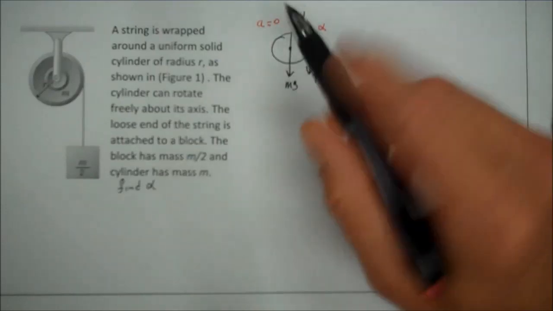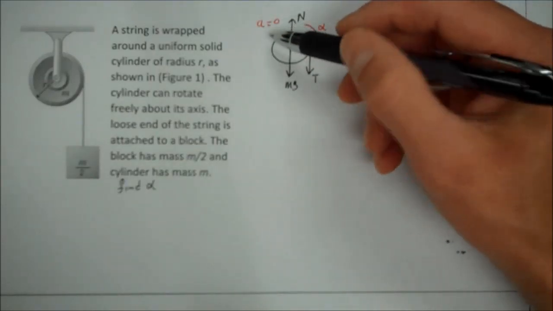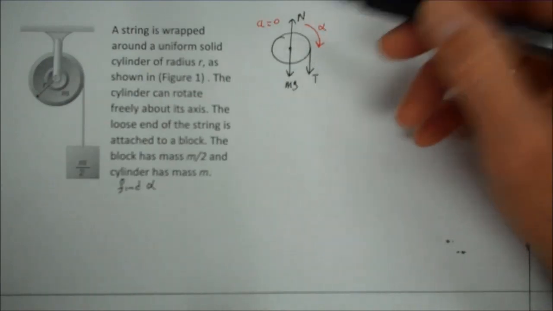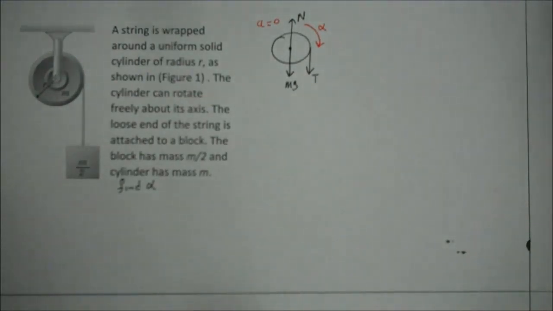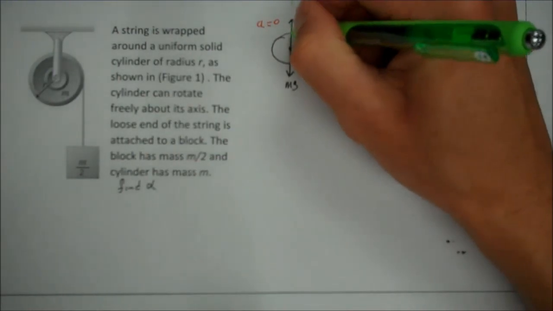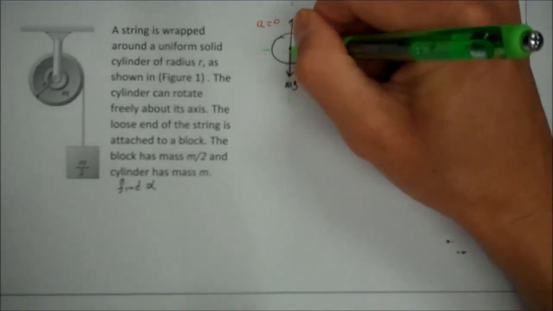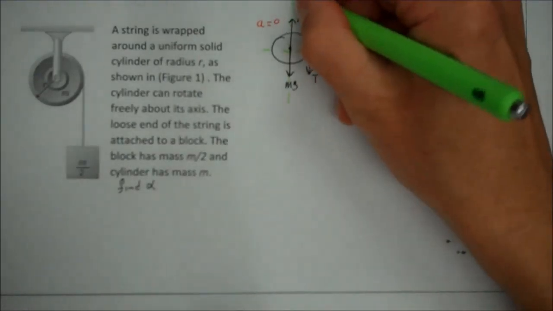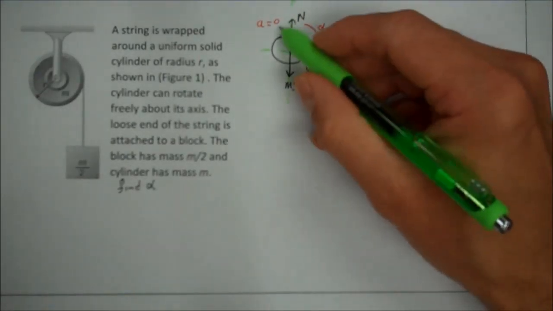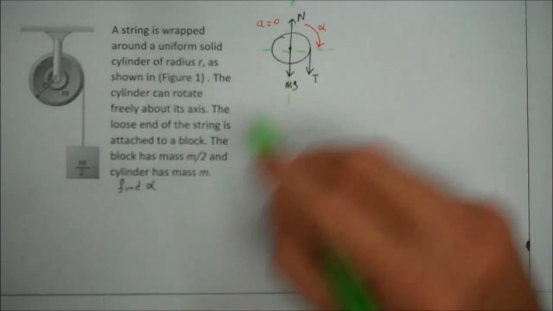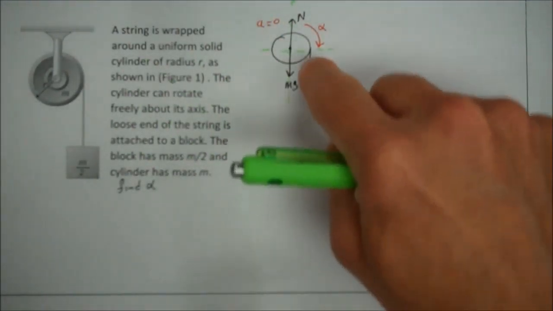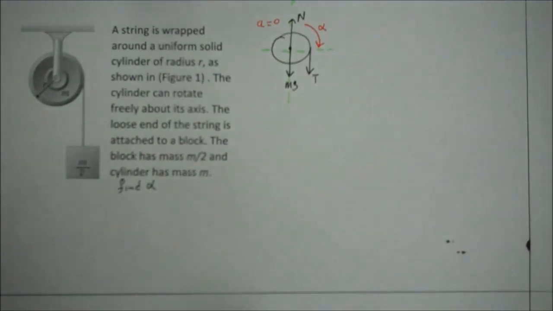Linearly, we would use an axis that puts a lot of forces on it, a vertical and horizontal axis. I don't think that's going to matter later, since we want alpha, not a. Then for the rotation, we're just going to use this central axis facing into or out of the table.